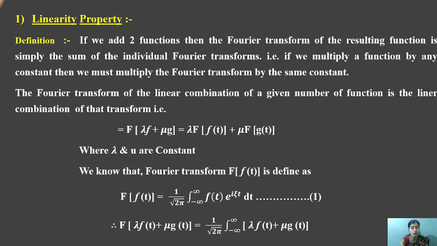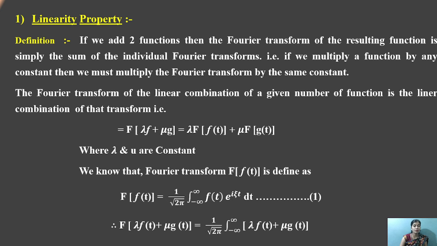Putting this value in, F of lambda f of t plus mu g of t equals 1 upon square root of 2 pi integral from minus infinity to infinity of lambda f of t plus mu g of t, times e to the power i xi t dt.